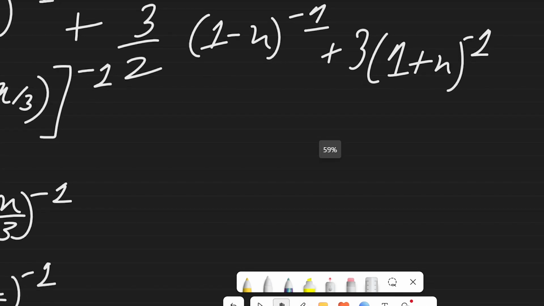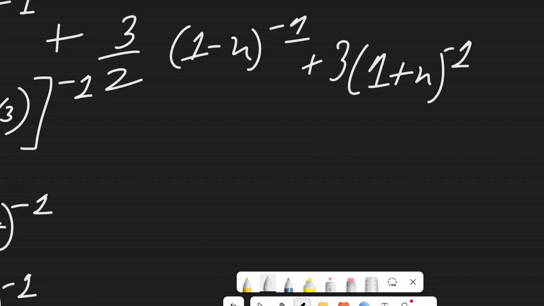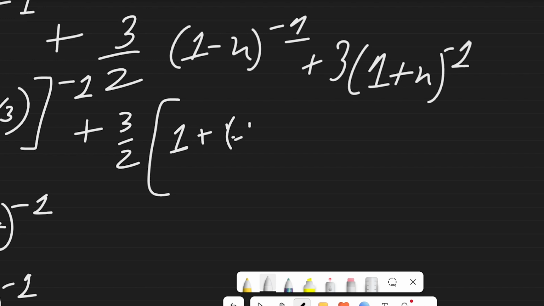Okay, this is 3 over 2x. Okay, we'll just add a plus over here, just do 3 over 2 and the curly brackets, 1 minus x. This is already 1. Okay, so we don't need to make the coefficient of the first term 1. We already have it as 1. So what will we do next? We will expand. Okay, so 1 comes as it is, then we would have a minus 1 times a minus x.